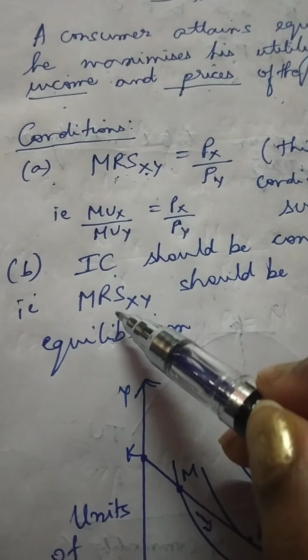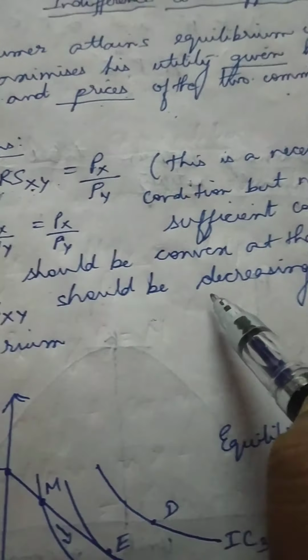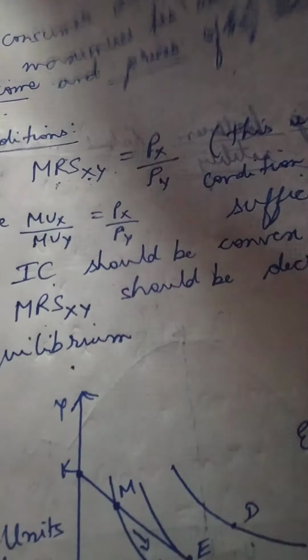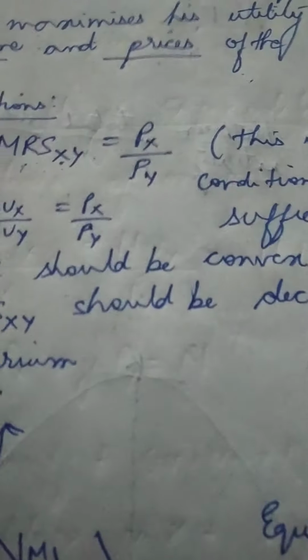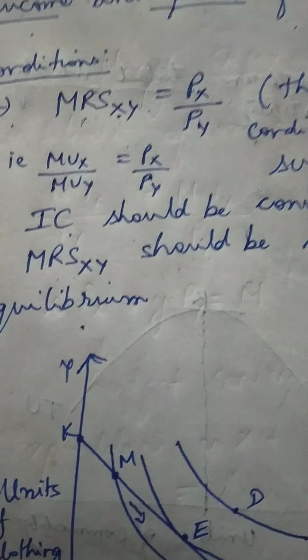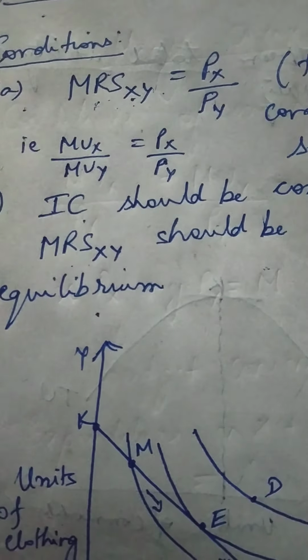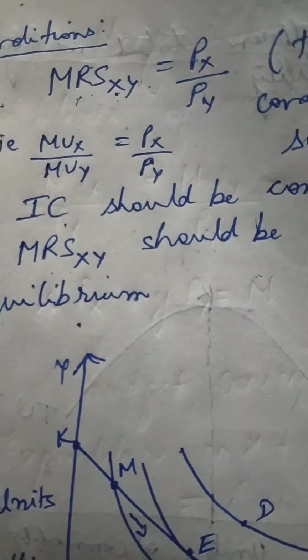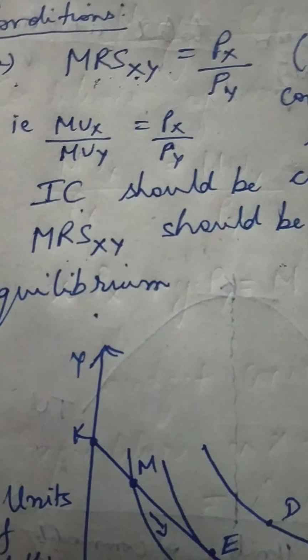That means MRS should be decreasing at the equilibrium, because we all know that the slope of the indifference curve is MRS and IC is convex due to diminishing MRS. So at the point of equilibrium, IC is convex means MRS must be diminishing.